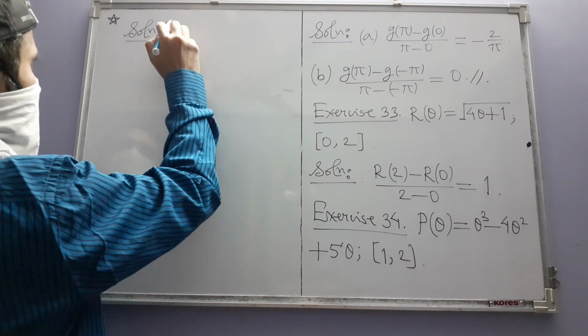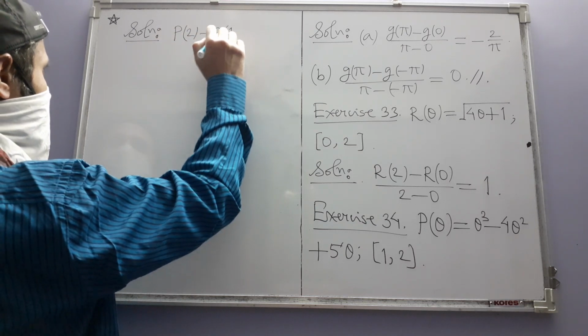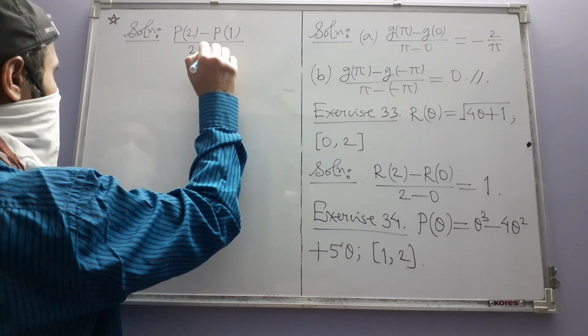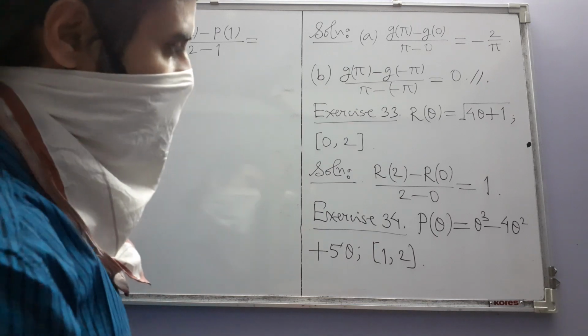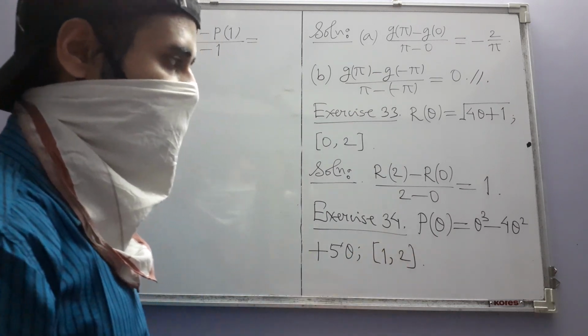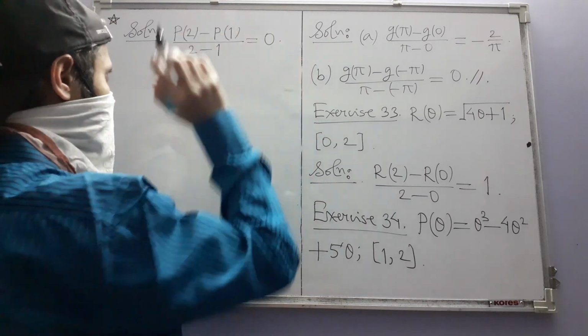And the average rate of change of course is just this, and you will calculate, you will see that P of 1 is equal to P of 2. So that's why the average rate of change will be 0.